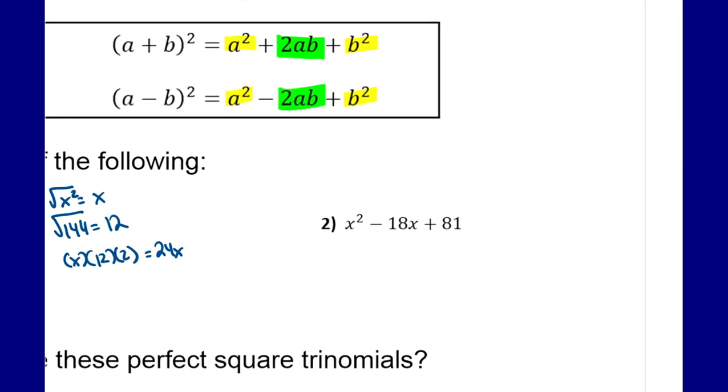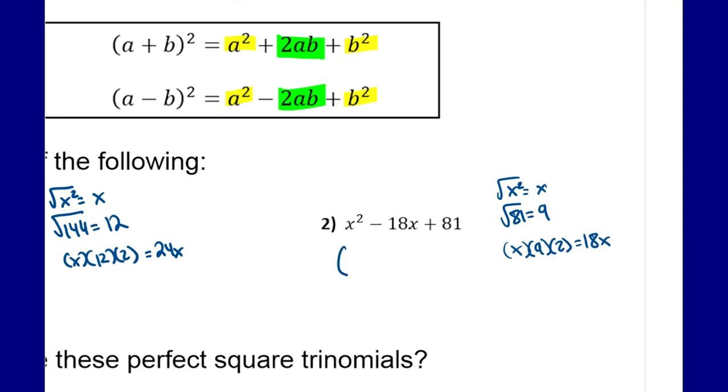So for the next one, again, let's just do a quick check. x squared, square root of that is x. Square root of 81 is 9. x times 9 times 2 is 18x. Now, when we're testing this, all we're concerned about is the number. Do we get the right number? Which in this case, we do.